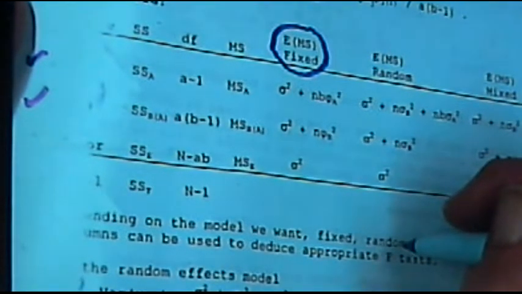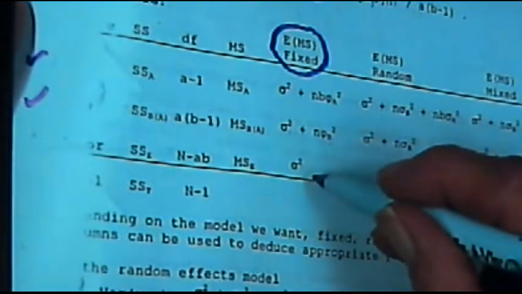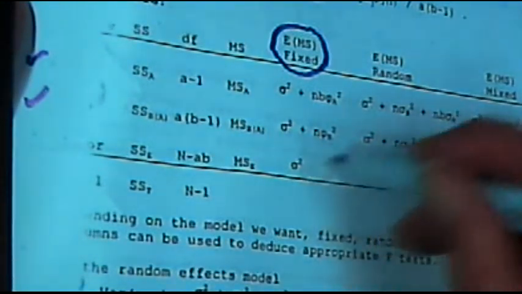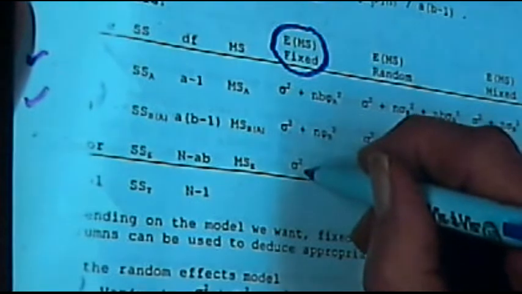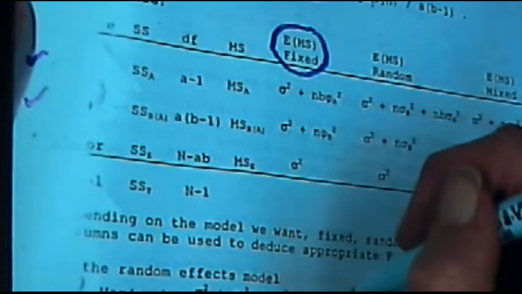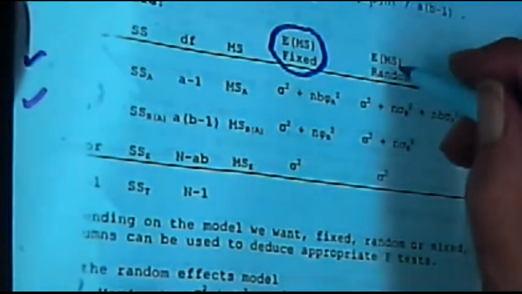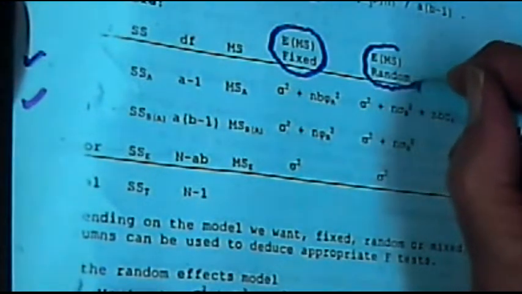You notice that if I wanted to test about factor A, I would use the error mean square for the denominator. If I wanted to test about B nested in A, I would again use the error in the denominator. In the case we have both factors random, things change a little bit.